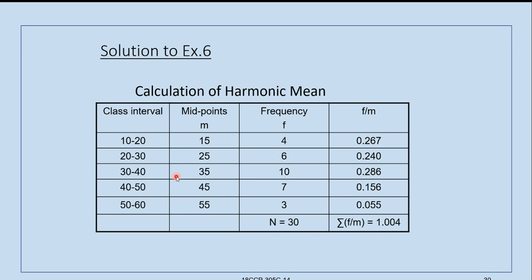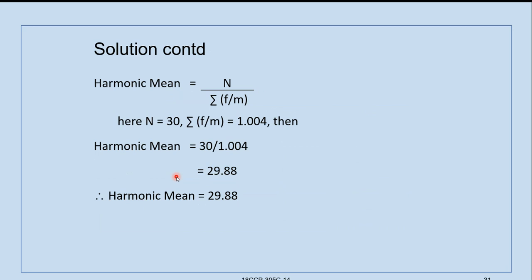So n is equal to 30 and sigma f by m is equal to 1.004. And the formula is applied here, n by sigma f by m. n is 30, sigma f by m is 1.004. That means 30 divided by 1.004.